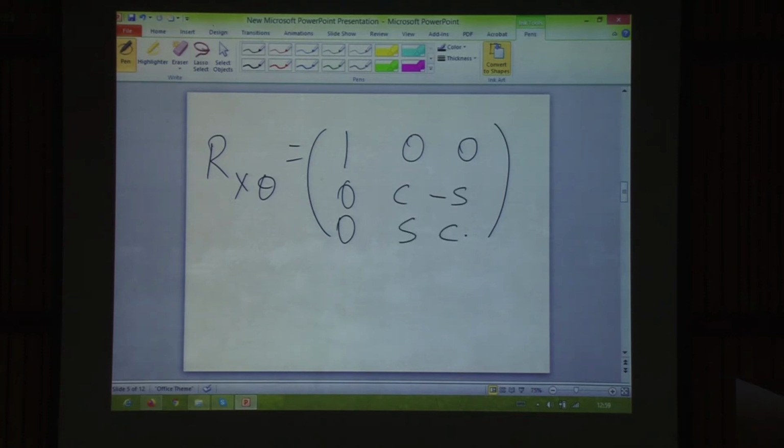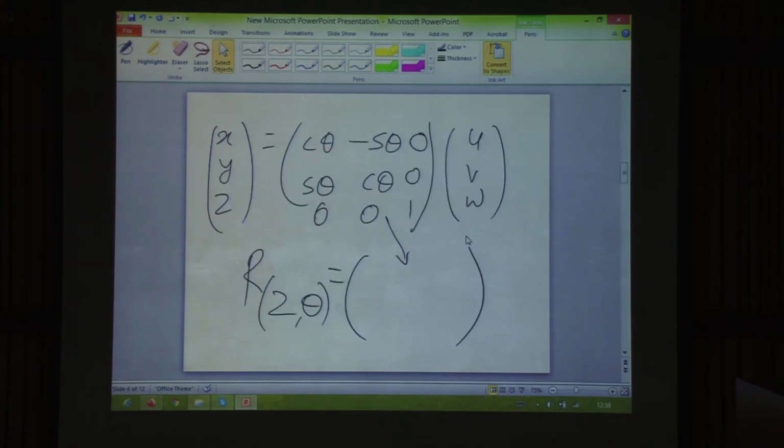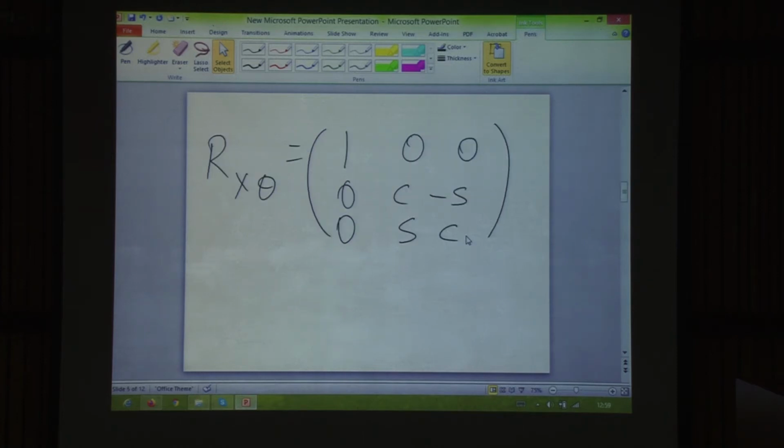If you note the terms cos, minus sin, sin, cos, it is the same as in the z rotation. Those 4 terms have only changed position, nothing else has happened. There are only 4 terms, so there is nothing to remember.